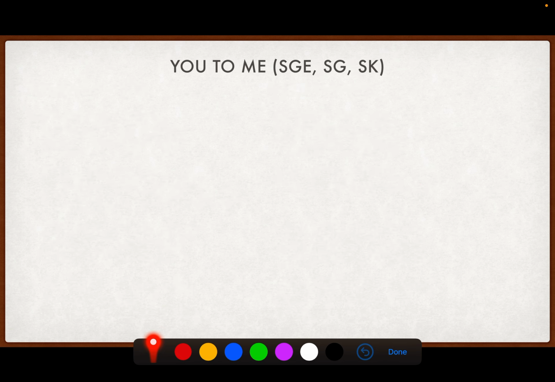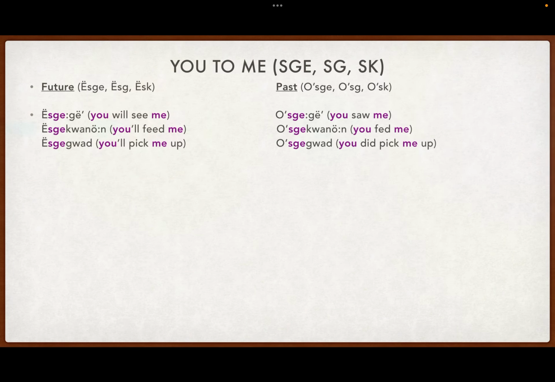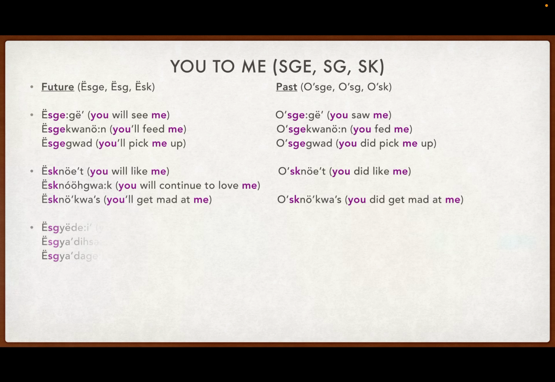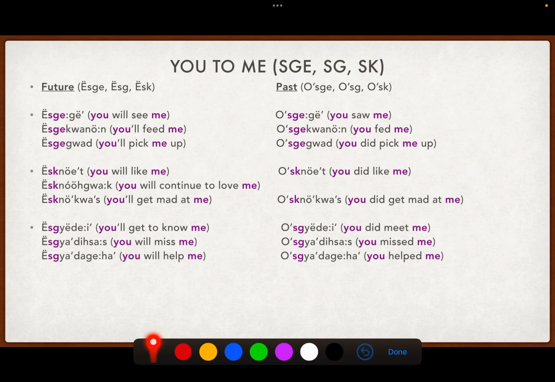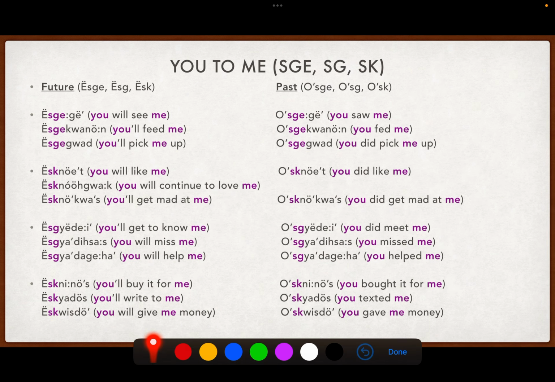So this will vary, right? Because you're going to have SK, SG, or SK. All right. So first group, you're going to have that connector E. So you to me, we'll go across.